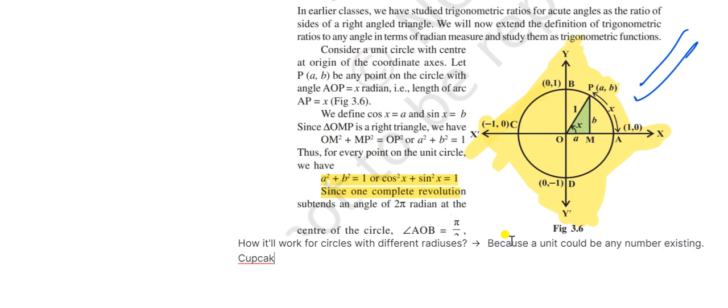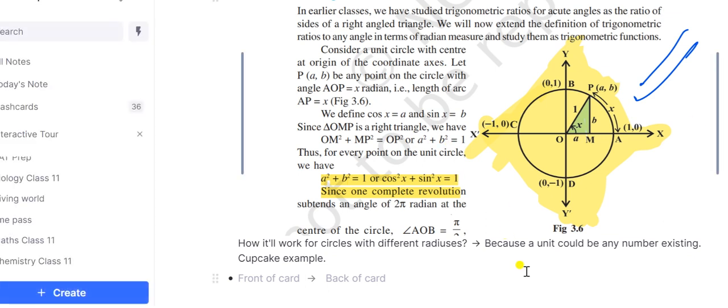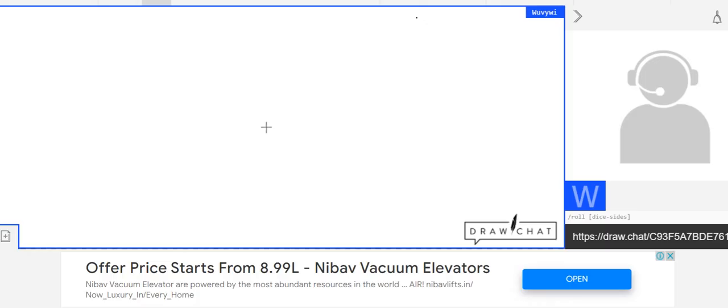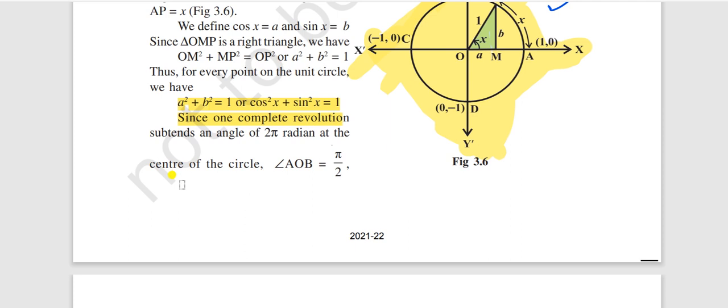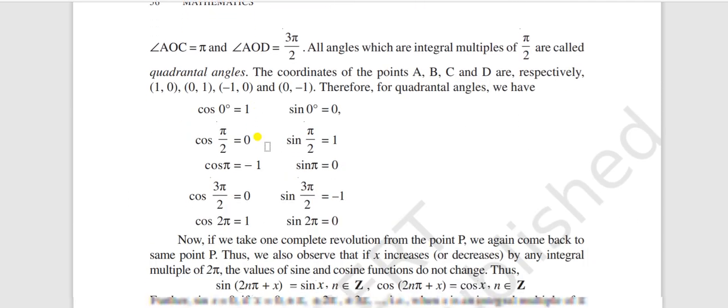Cupcake example, remember, right? A unit could be any number existing. Thus, this works. This looks like India ka map, no? The yellow one. I'm so sorry, I'm a little sick. That is why my voice is like this.